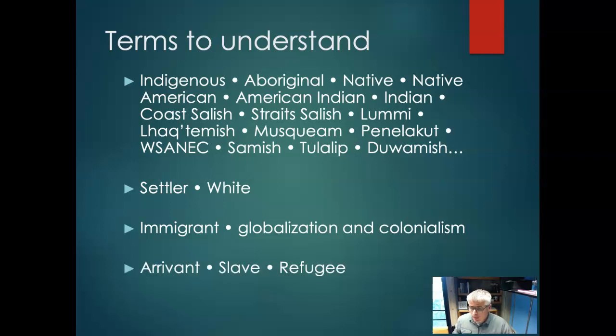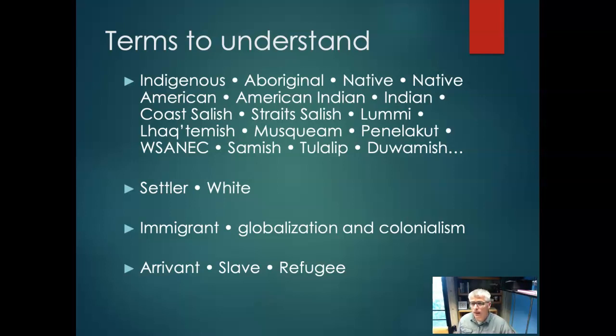And then also there's the term arrivant, which is typically used to refer to people who arrived, who came, but not necessarily of their own will. So slaves and refugees who are not intentionally moving to an area to settle, but were moved there. And so when we're talking about interactions between people, these terms tend to be pretty useful.